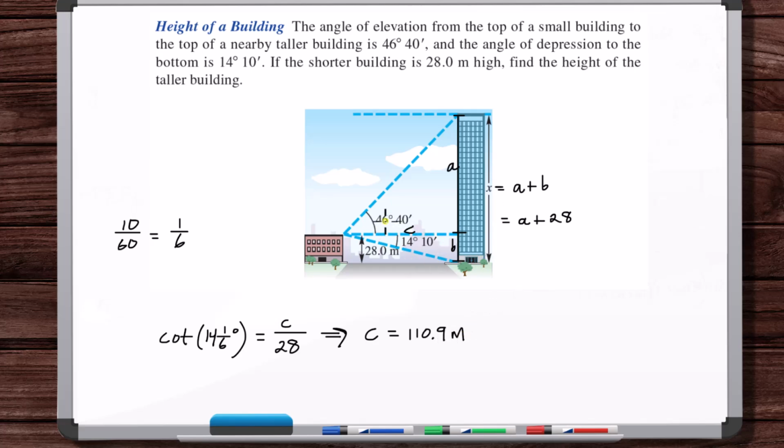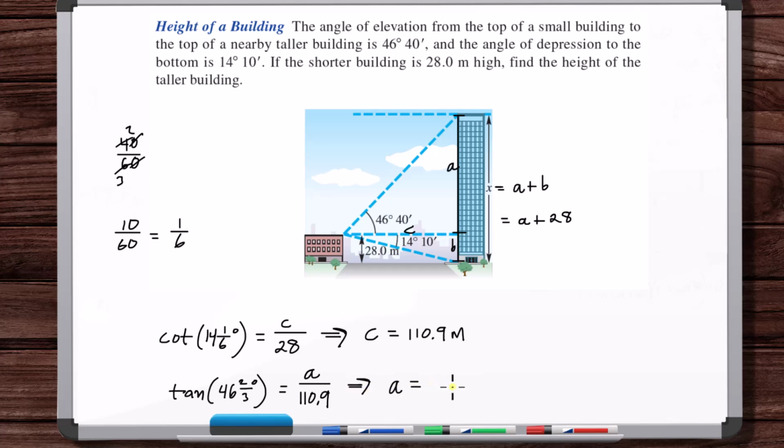Okay, so we can say that A is, we'll do tangent of 46 degrees, and then 40 minutes is what in degrees? It's 2/3 of a degree. That's opposite A over adjacent, which is C, 110.9.